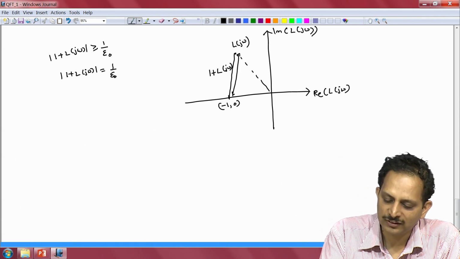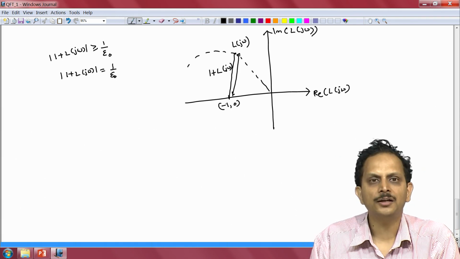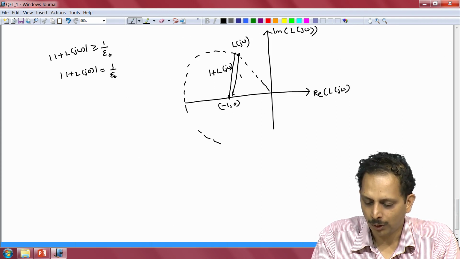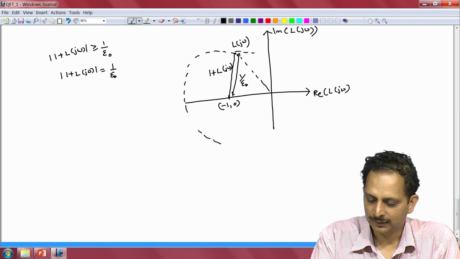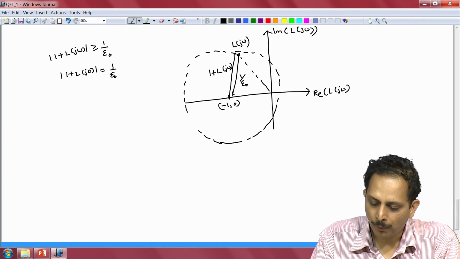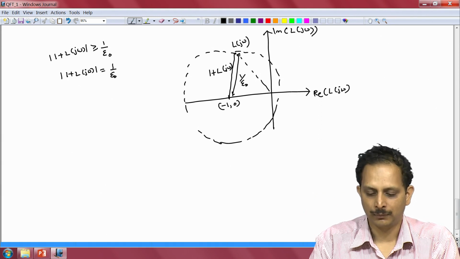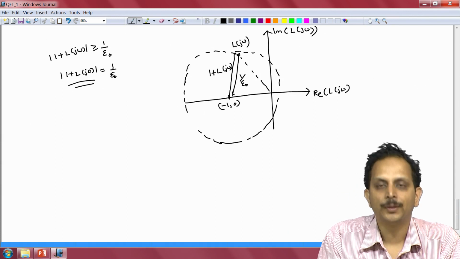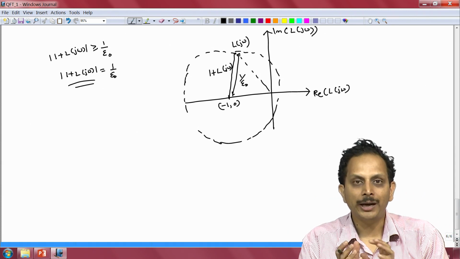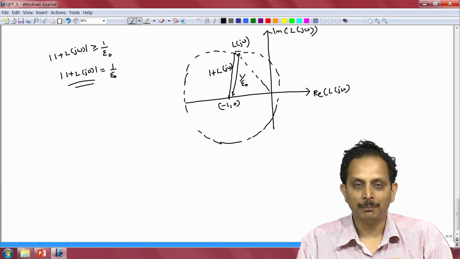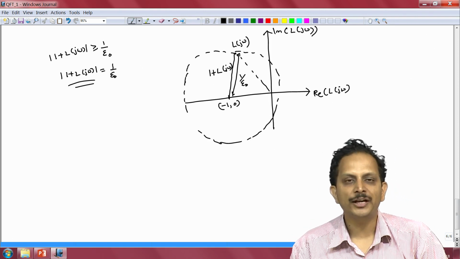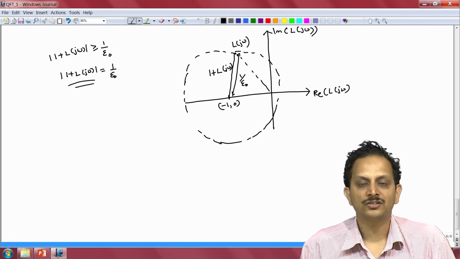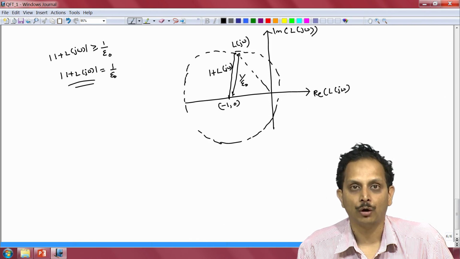So if I were to draw a circle here centered at the point minus 1 comma 0 and of radius equal to 1 by epsilon naught, then all the points on the boundary of this circle, on the periphery of this circle, are points that satisfy this particular equation. So we are now able to clearly indicate the magnitude and the phase combinations of the loop gain that satisfy the equation magnitude of 1 plus L is equal to 1 by epsilon naught.